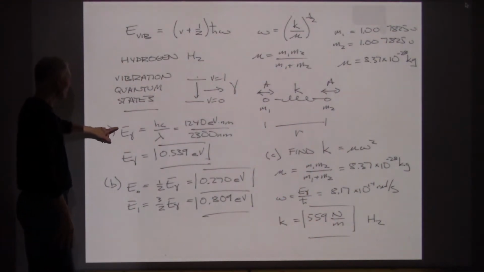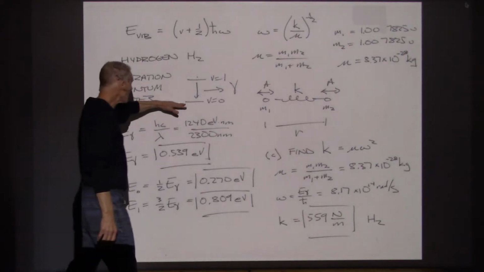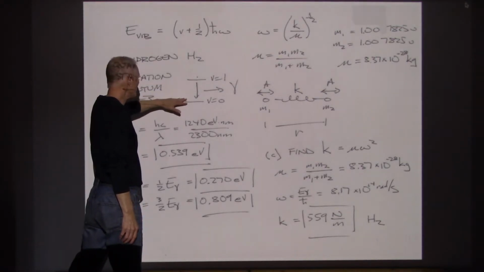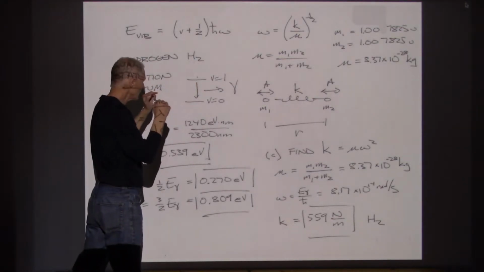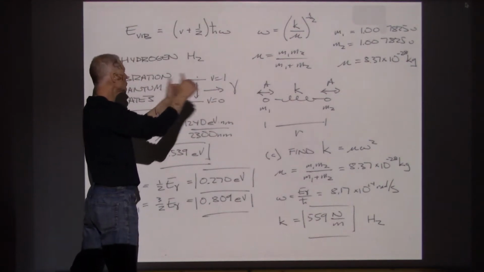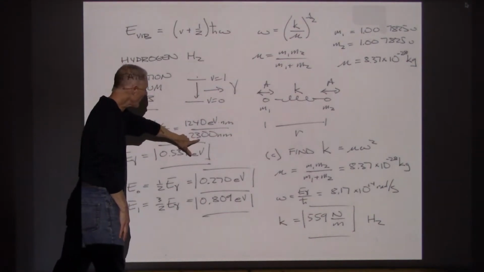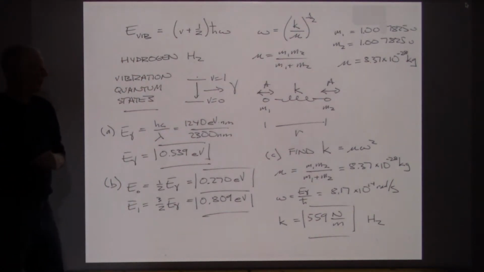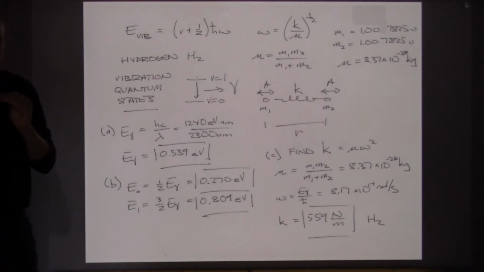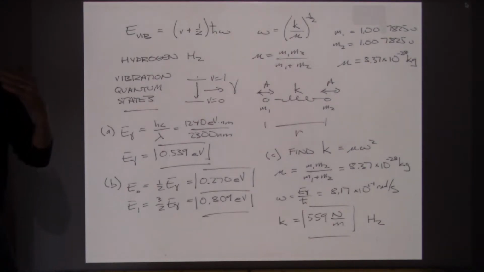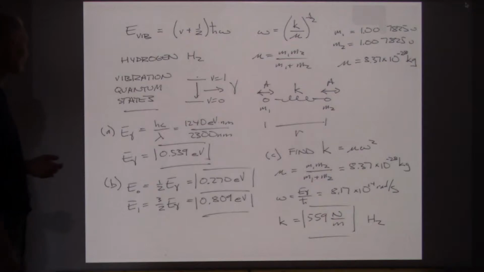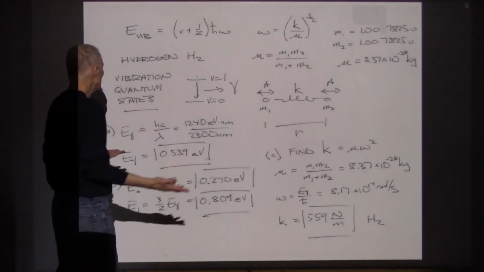Now what they told us was that the transition between vibrational states is radiating or absorbing photons with a wavelength of 2,300 nanometers. That's the characteristic wavelength for the vibrational spectrum of an H2 molecule.